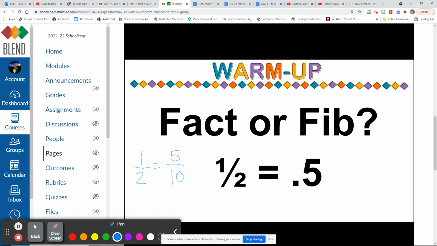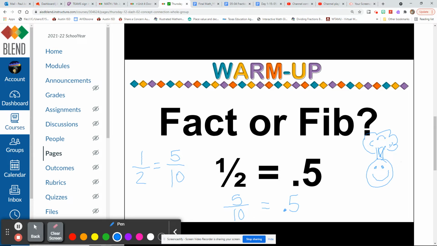So what if we just said 5/10 is equal to 5/10? This is you, and then this is your mind being blown. Yeah, because you already knew that. I don't know why your mind's being blown. All right, so 5/10 equals 5/10. So it's a fact. 1/2 equals 5/10.